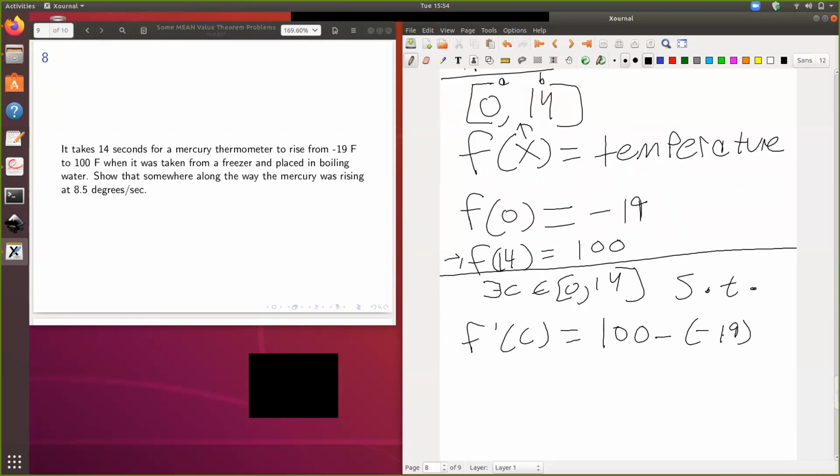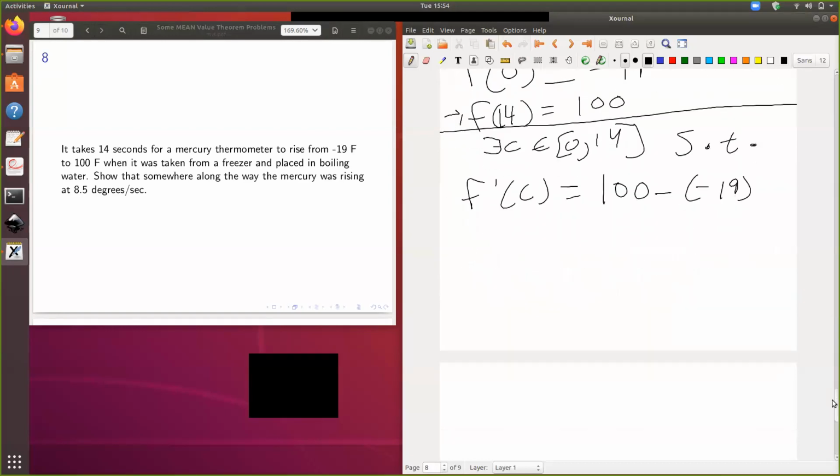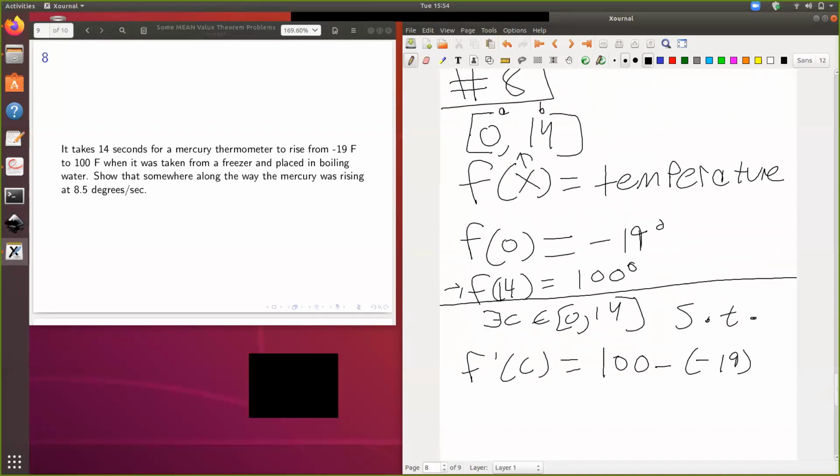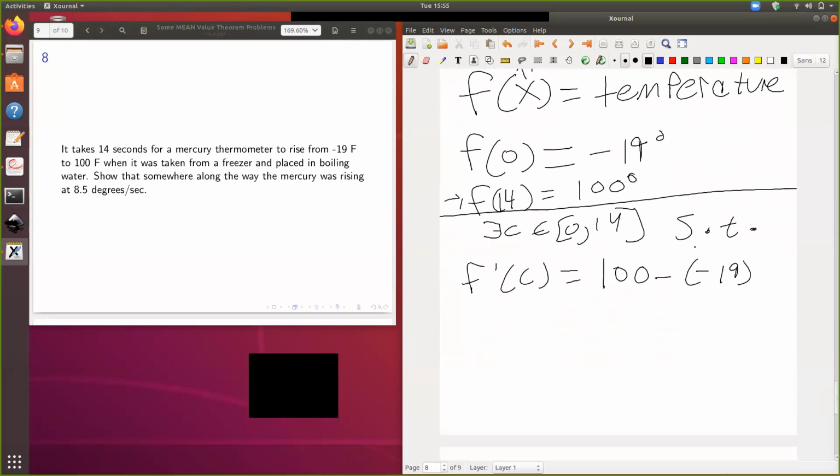Be very careful, this could mess you up in the future. Let's throw down some units too. So this is 100 degrees minus -19 degrees, over 14 seconds minus 0 seconds.